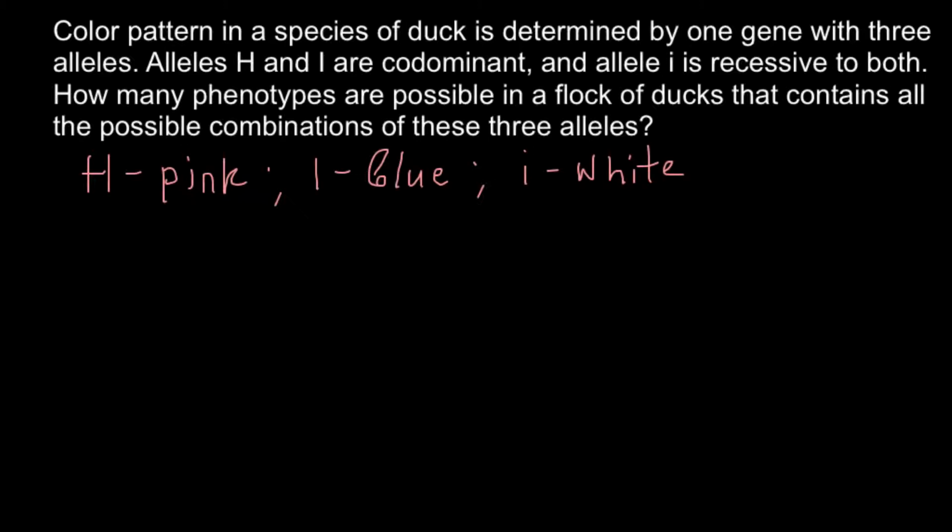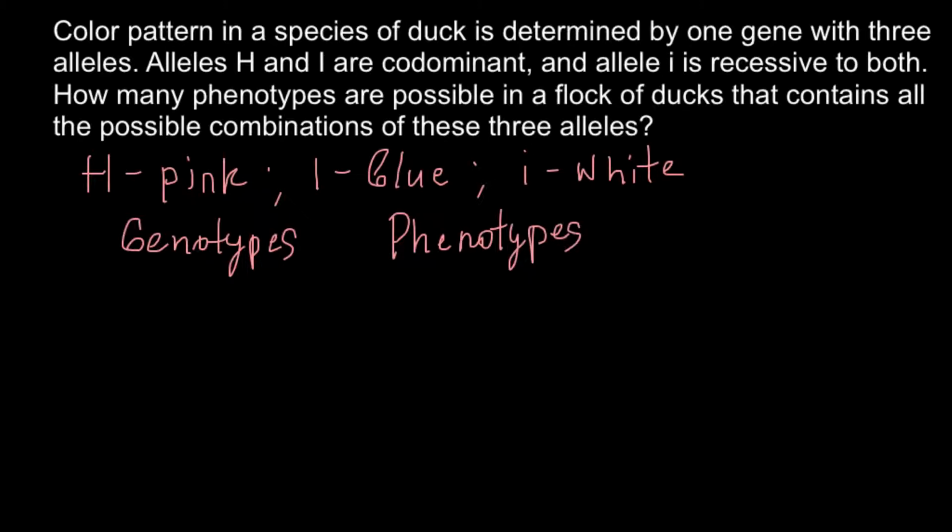So how many different genotypes and phenotypes are possible? Let me also build a small table. This is going to be genotypes, and this is going to be phenotypes. The first phenotype would be pink, and this is going to be capital H, pink phenotype.